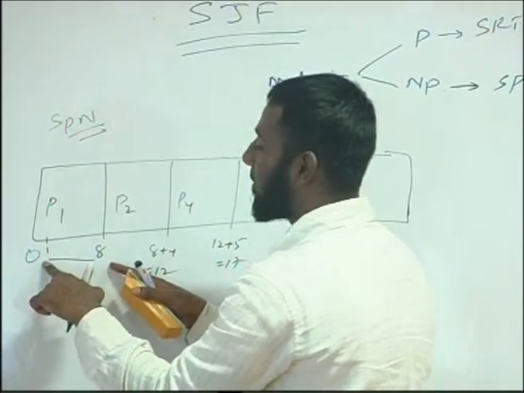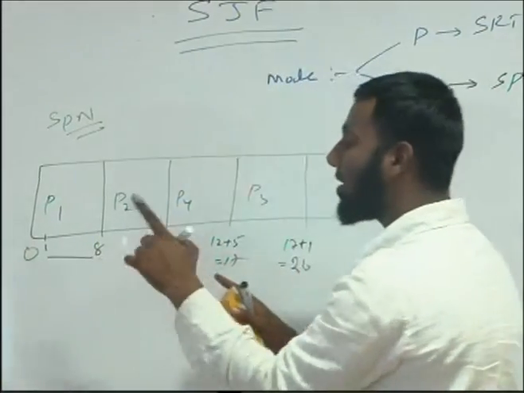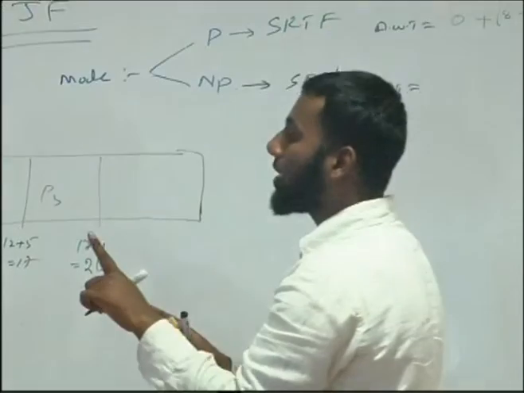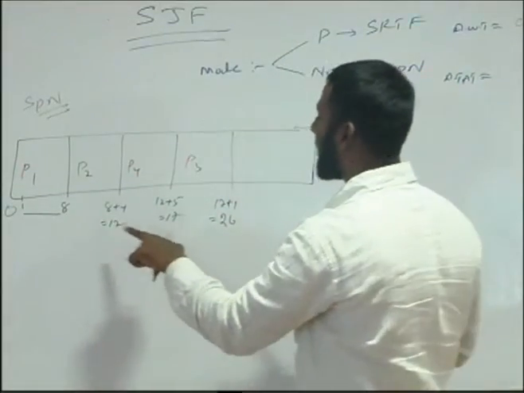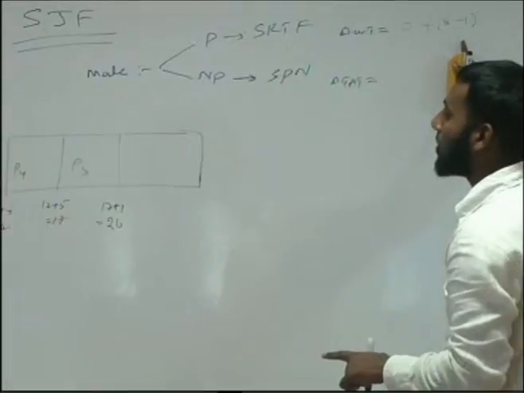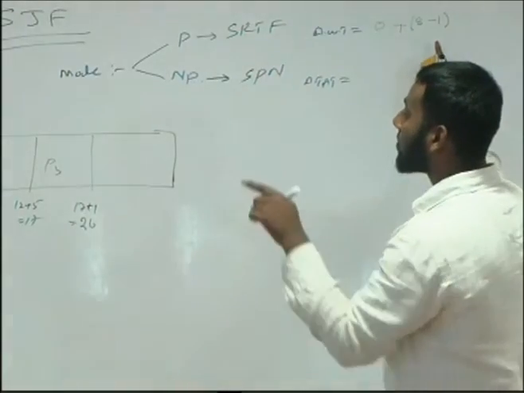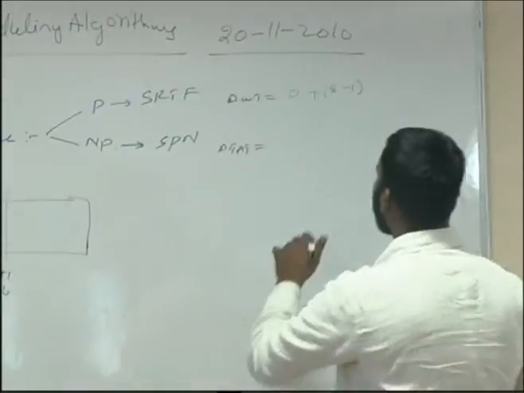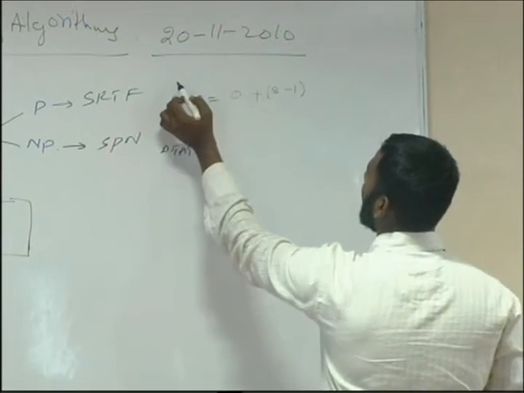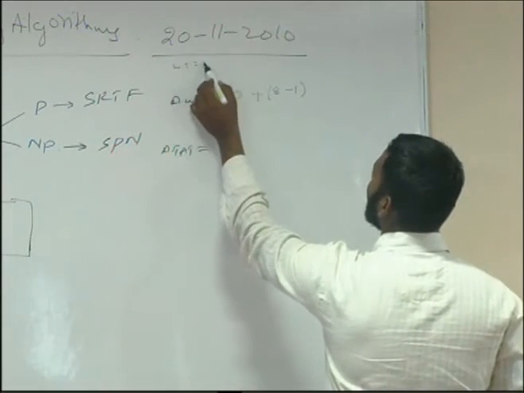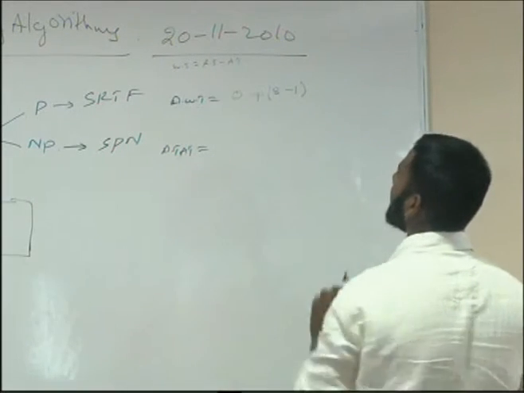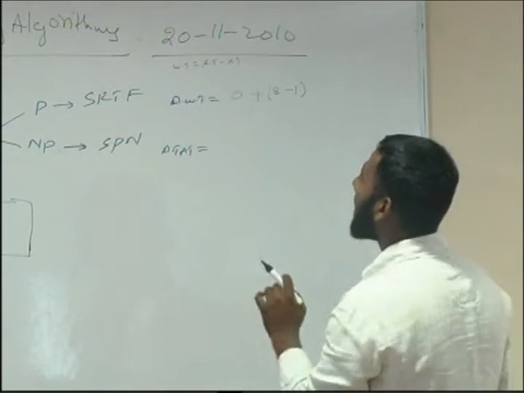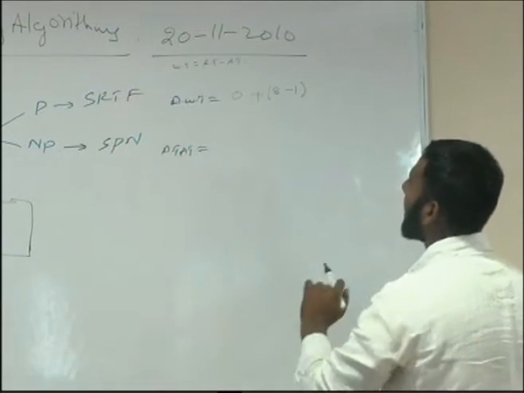So now here, because the arrival times have been given, calculating waiting time is of importance. So we should not write here 8, we should write here 8 minus 1, which is starting time or the response time, or we can say waiting time can be calculated as response time minus arrival time, okay, or starting time minus arrival time.